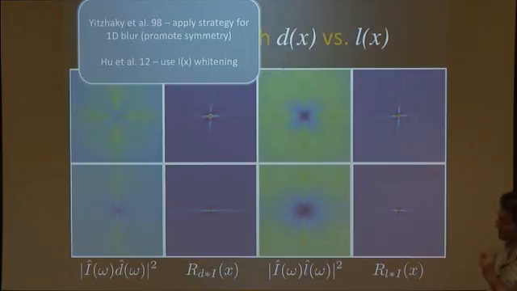By the way, in one-dimensional space, if you assume that the blur is one-dimensional, you can basically do the same, but the differentiation can be done along that particular direction. So you could scan all the directions and check in which direction the image seems to be most blurry, take that direction, and now use a differentiation filter to deblur the image. And actually, a previous work by Itzhaki used the correct filter.